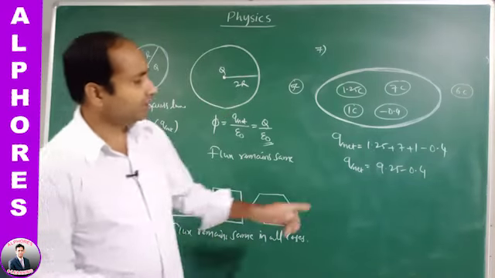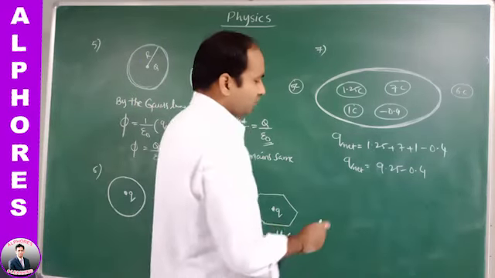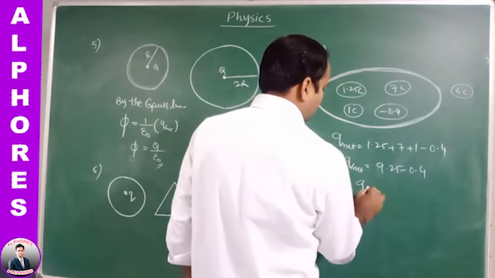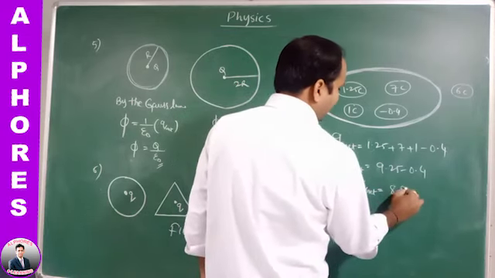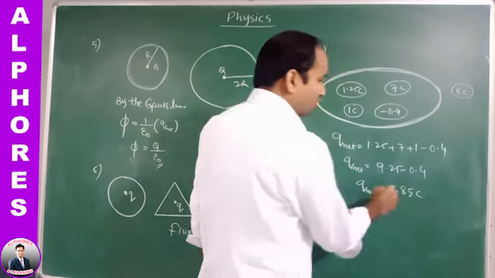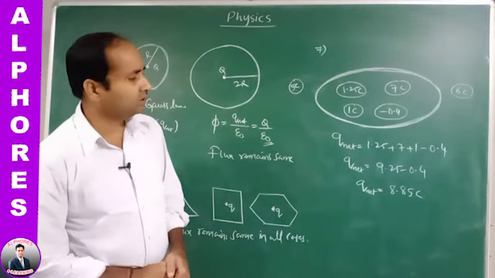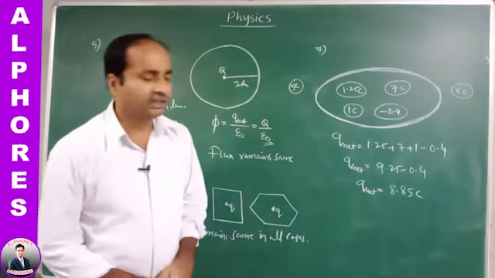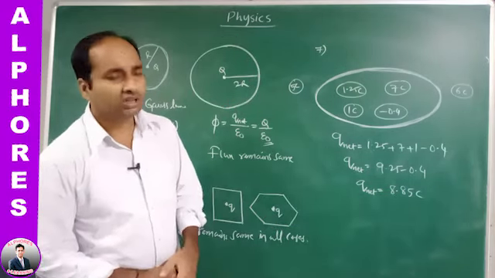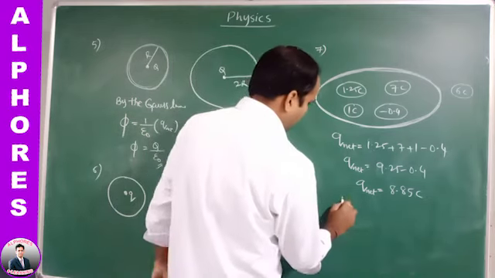If you subtract 0.4 from 9.25, Q net is 8.85 coulombs. Now we need to find the flux by the Gauss law.